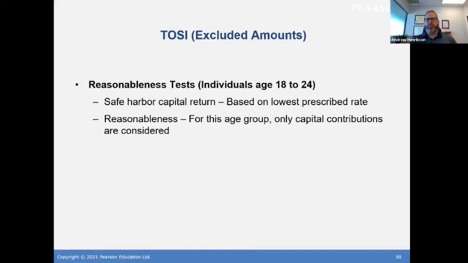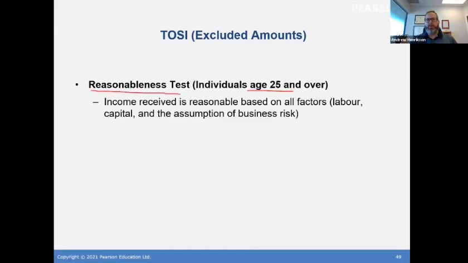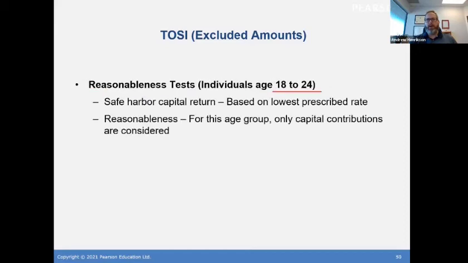The reasonableness test is a little different for 18 to 24. So again, the previous one was 25 and over. For 18 to 24, we're talking about a safe harbor capital return, meaning based on a prescribed interest rate, are you just getting a return on capital that you put in?